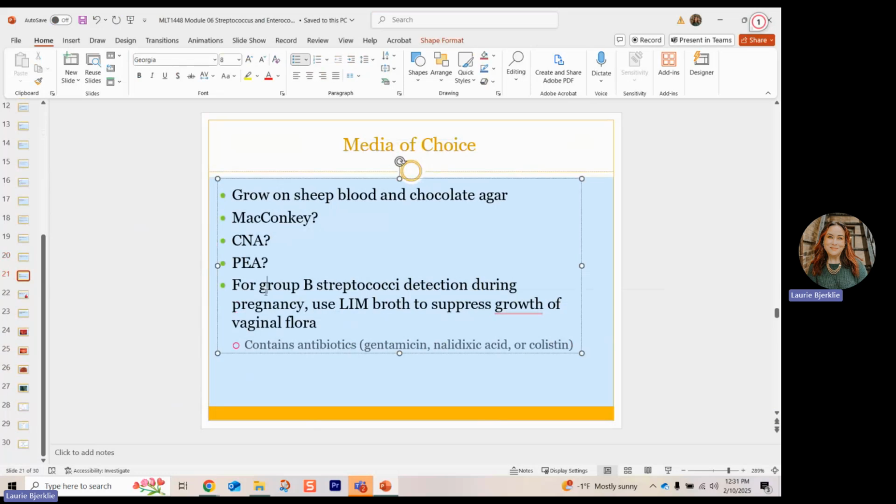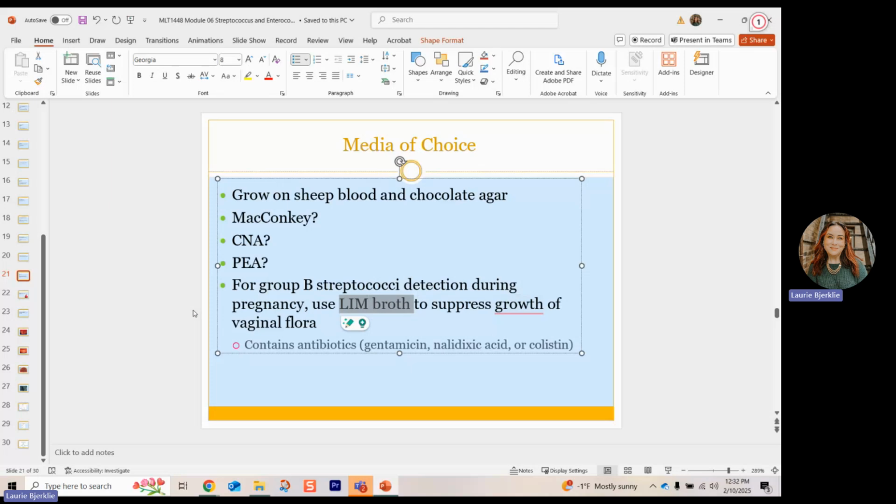For group B, if we're looking to see if somebody has that strep agalactiae, group B strep, in their birth canal, swab, we can use a special broth called a LIM broth, and that is specifically used for this. So you can kind of swirl the swab in that LIM broth, incubate, and look at it the next day.